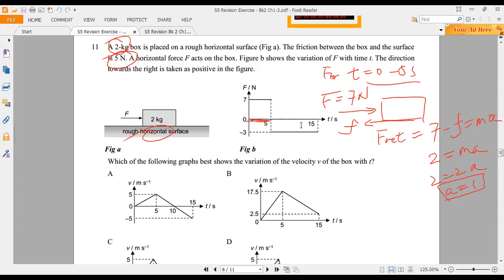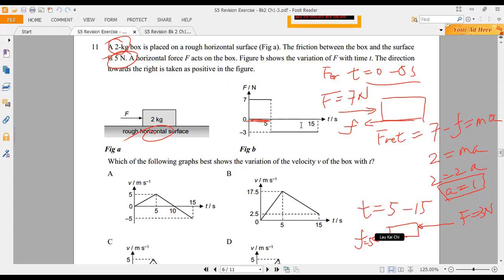Okay, but at t equal to 5 to 15, what would be the net force acting on it? Now the object is still moving forward. That means the friction is going backward. However, the force would also be towards backward, equal to 3 Newton. Let me check. Yes, negative 3 means backward 3 Newton. Now this is 5 Newton.